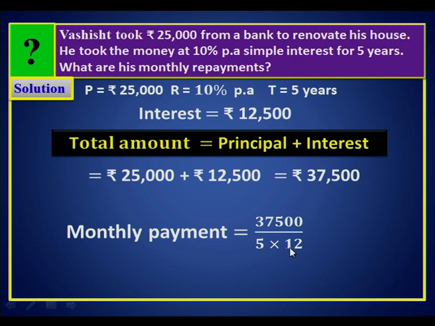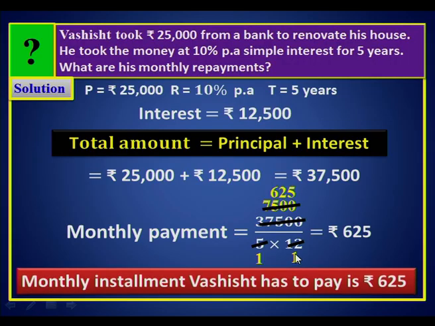So, we are dividing by 5 into 12. So, on dividing them, 5 goes one time, and in this it goes 7,500 times, 12 one time, and 12 goes 625 times. So, what do we get, children? Yes, 625. So, Tsat has to pay an installment of 625 rupees per month.